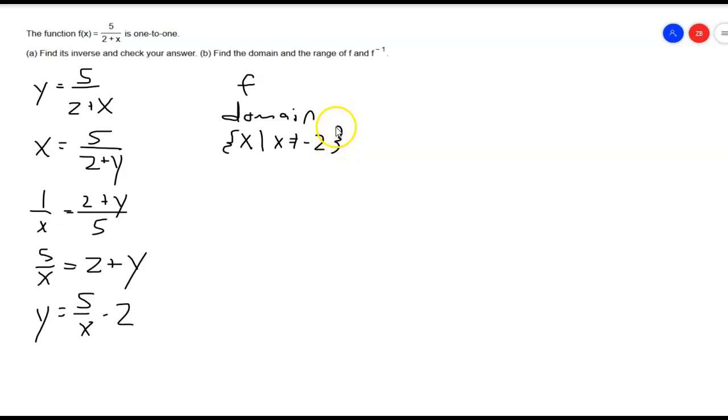So this is the domain of my f function. Now, the next thing I want to find is the domain of the inverse function that I found. I'll show you why I do it in this order in just a minute. It looks like I can have x be anything except for 0, because if x is 0, then I get a 0 in the denominator here, and the function is not defined. So this domain is x such that x is not equal to 0.